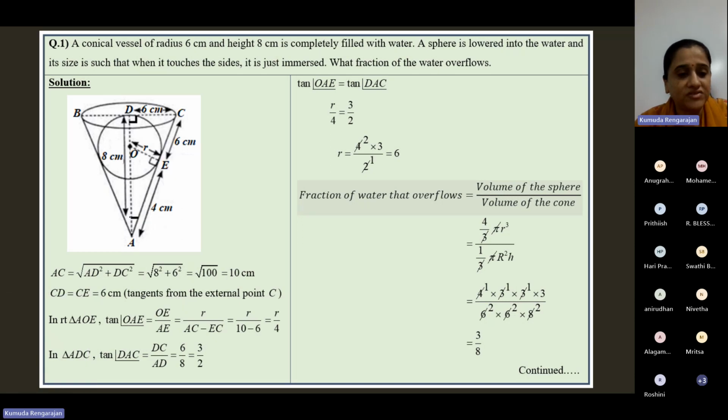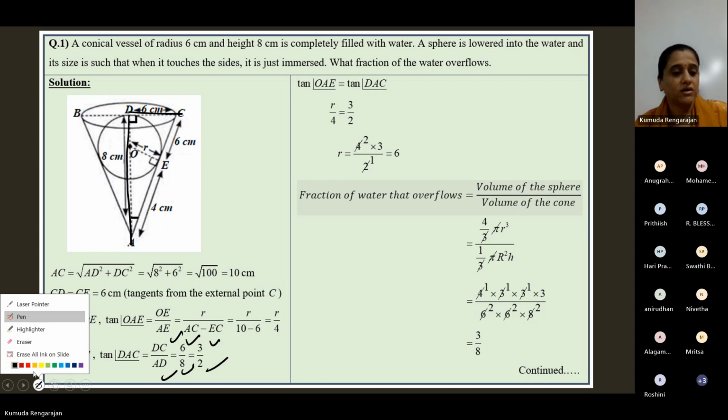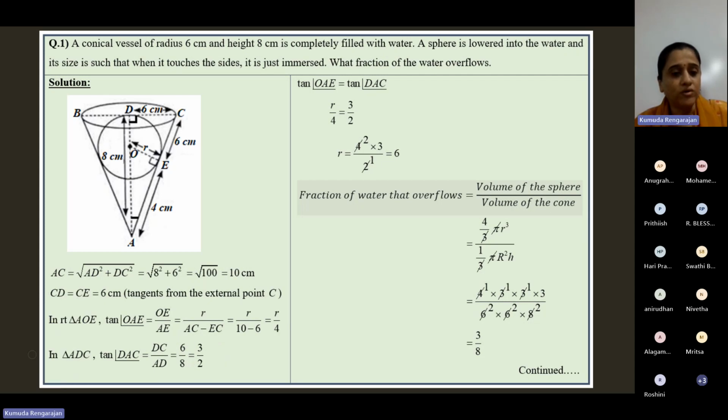Next, find tan of the same angle in this big triangle ADC. Opposite by adjacent. Opposite is DC and adjacent is AD. DC by AD. DC is 6, AD is 8, so 3 by 2. Now we have found tan of the same angle.